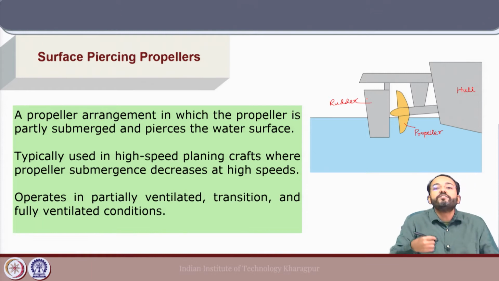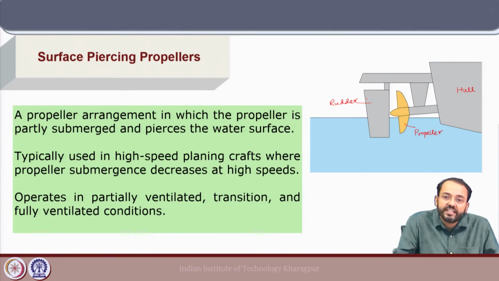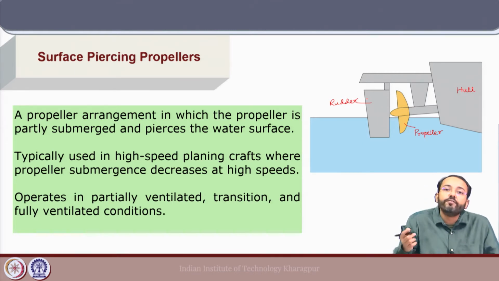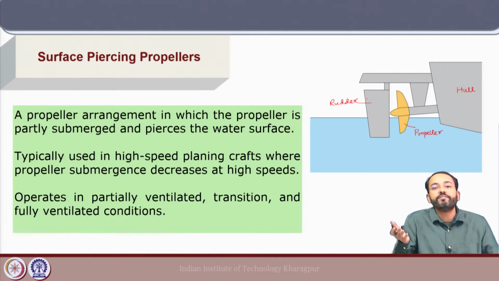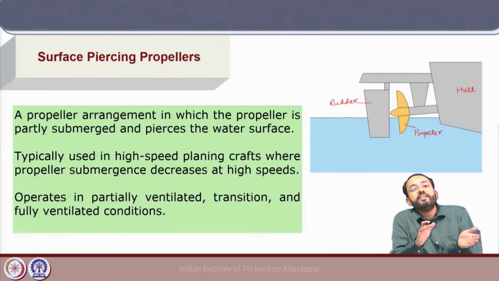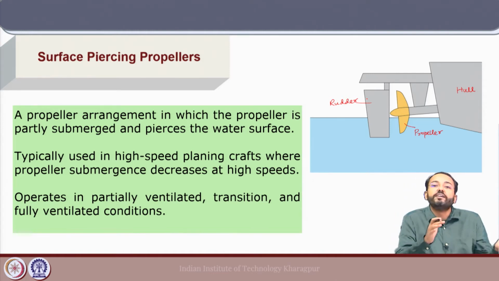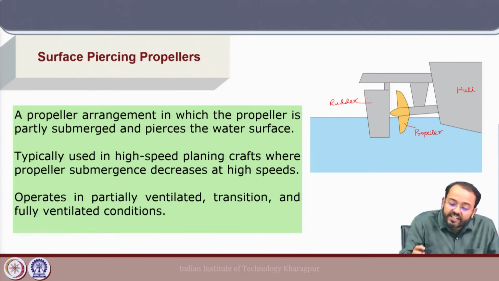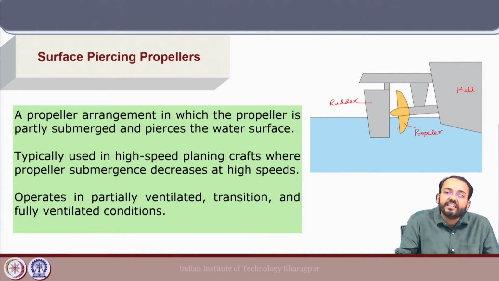Now, as the craft moves and gradually increases the speed, the submergence of the propeller will change, and especially at very high speeds where the hydrodynamic lift is very high, when the craft is operating in the planing mode, then the propeller submergence will decrease and the propeller will come out of water, depending on the final balance between the different forces, which are the hydrodynamic lift, the weight and the buoyancy of the craft, and the final propeller submergence will decide the operation characteristics of the propeller in the surface piercing mode.